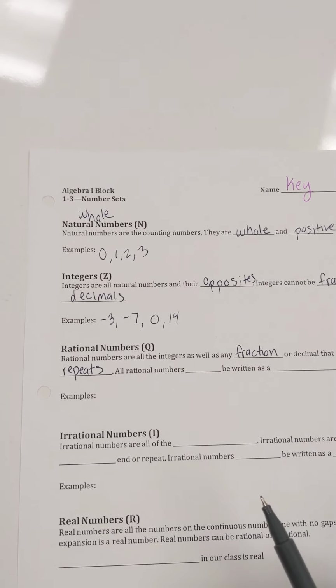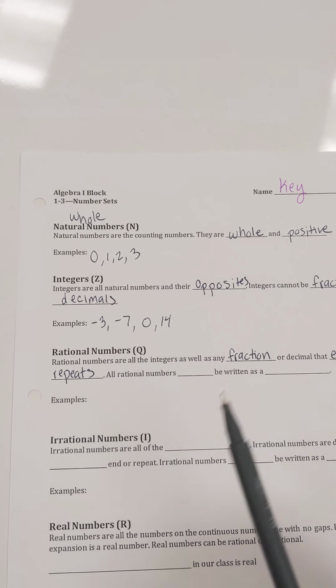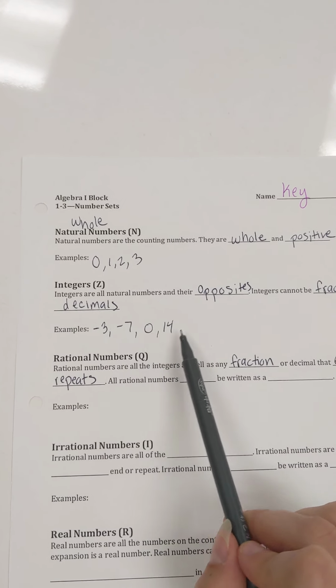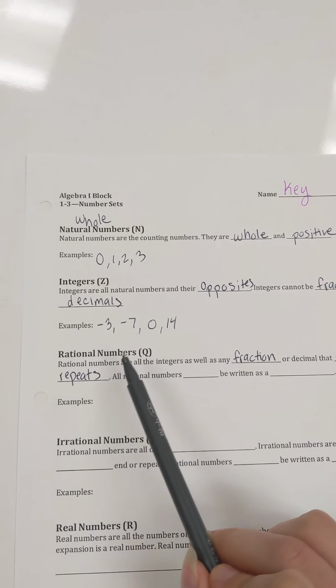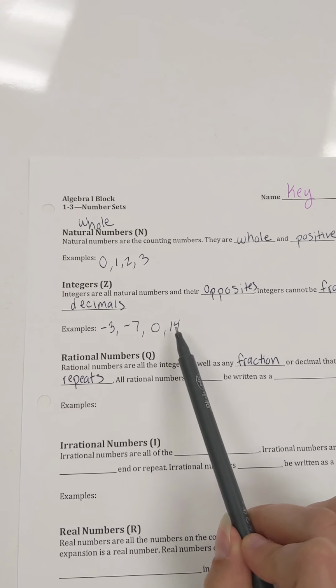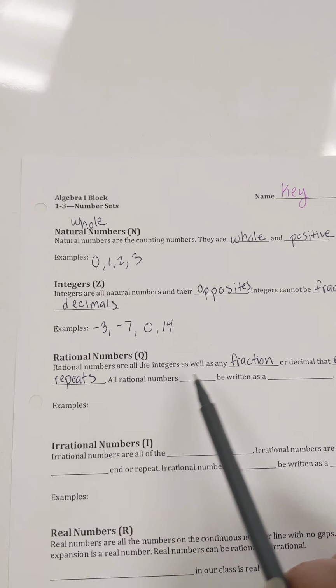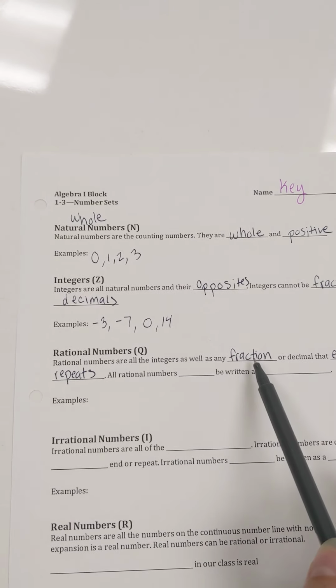So if the decimal does not end and it does not repeat, it is not a rational number. If it's not a decimal at all, like 14 back up here, that's an integer. Rational numbers are all the integers. So 14 is a rational number. Every single fraction is a rational number.